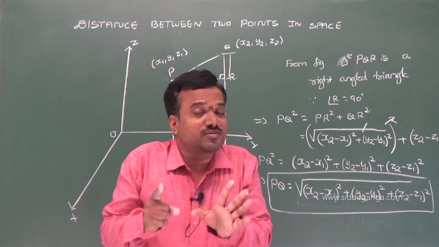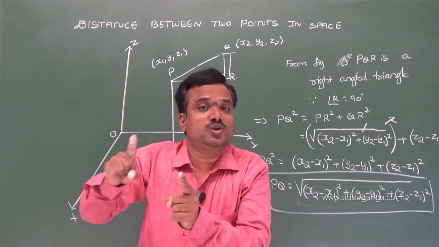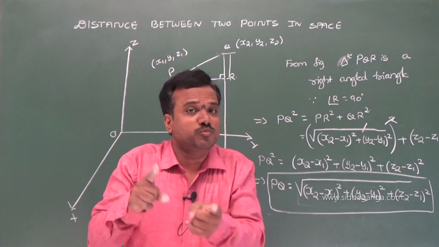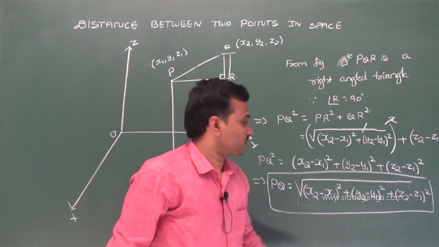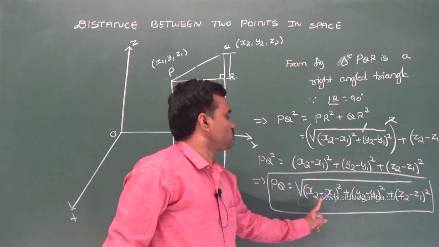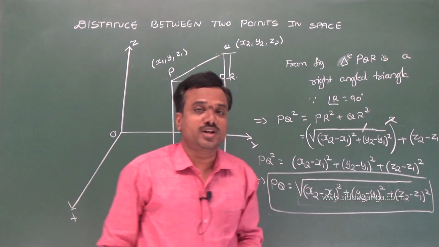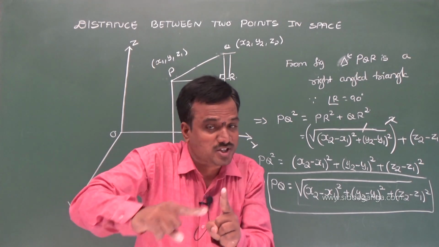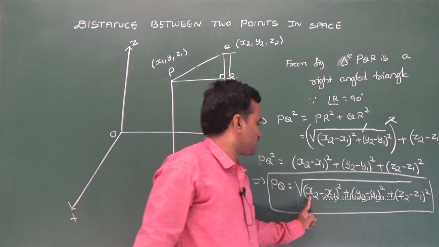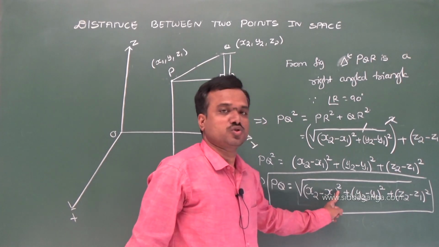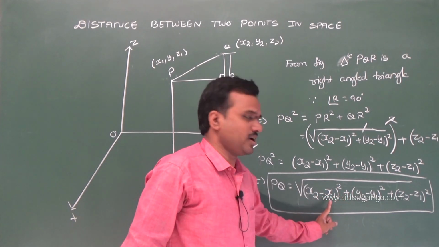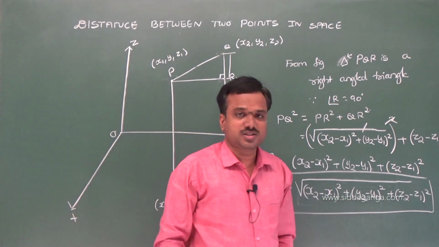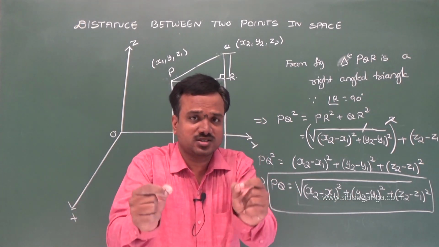So what is the difference between the distance between 2 points in a plane and in space? For 2 points in a plane, there are only 2 axes, so we leave out the Z term: X2 minus X1 whole square plus Y2 minus Y1 whole square. Whereas for 2 points in space, there are 3 axes, so we add Z2 minus Z1 whole square.